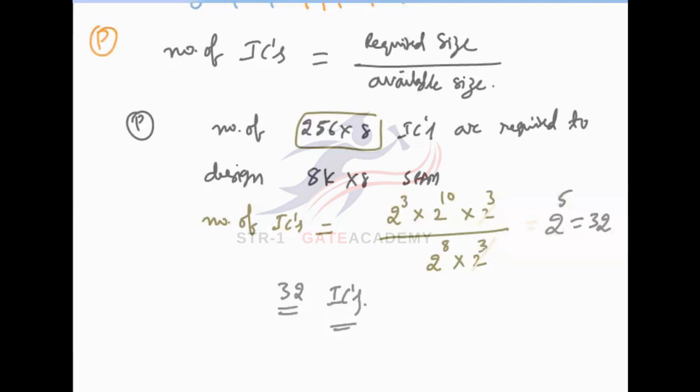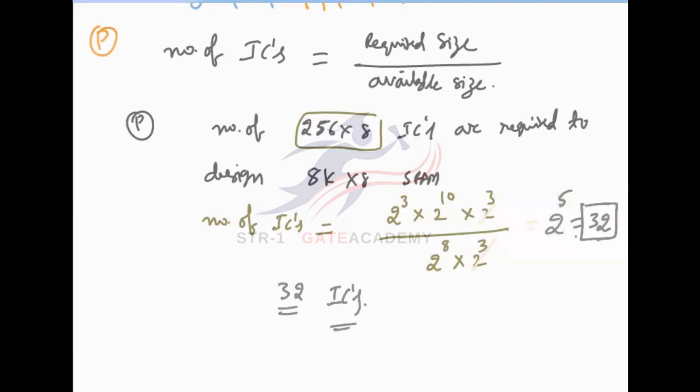So from that we can find here number of ICs like this, and these ICs are connected row-wise and column-wise. That depends on our convenience. 32 ICs, right? 32 ICs are 8 rows, 4 columns we can connect. Otherwise 4 rows and 8 columns. So 8 by 4 is 32. So the arrangement of the ICs is any order we can take. But the total number of ICs required is 32.